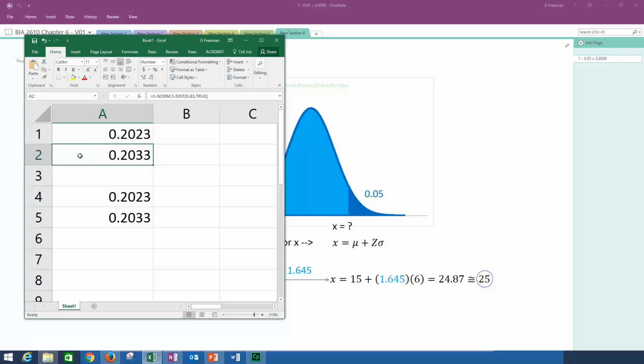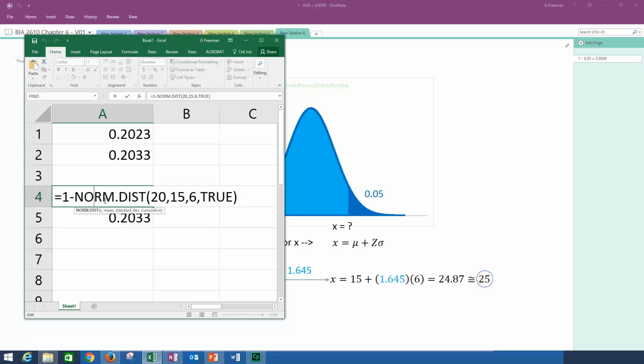Now there's this form with the standard normal, but there's also another form of the normal that's available in Excel where you provide it with the mean and the standard deviation, and being Excel, it will go through and do this calculation for you. I have that illustrated down here.